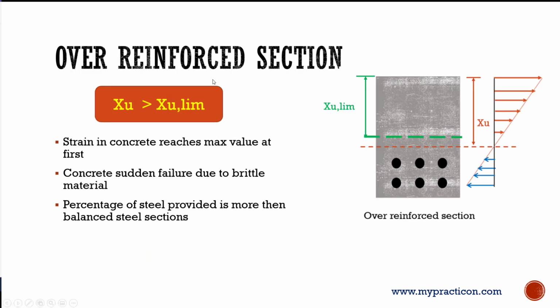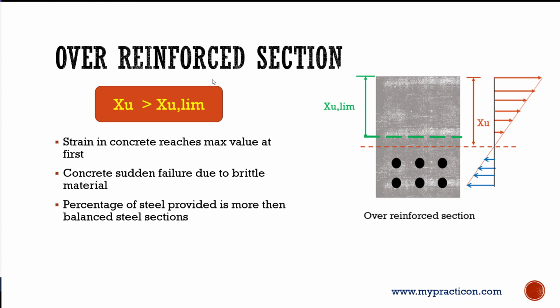Normally we go for over reinforced sections when the depth is restricted and we cannot increase the depth of the section. In that condition, over reinforced sections are designed. But however, to avoid this sudden failure, we may opt for doubly reinforced sections.